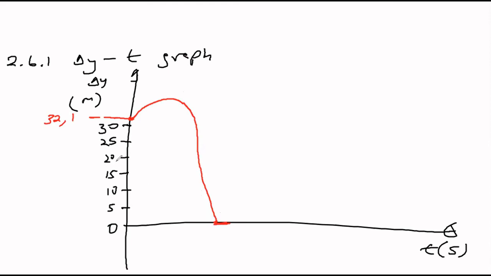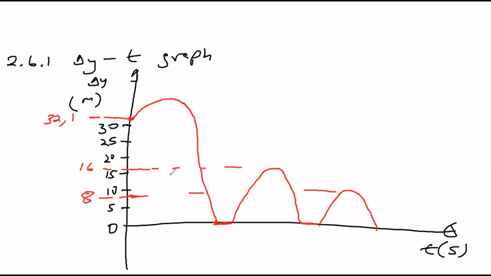The object bounces to a height of 16, estimated there, it falls, the object is in contact with the ground, the object bounces again to a height of 8, estimated there, and the object comes to the ground. Okay, that is how the graph looks like for the displacement time graph.